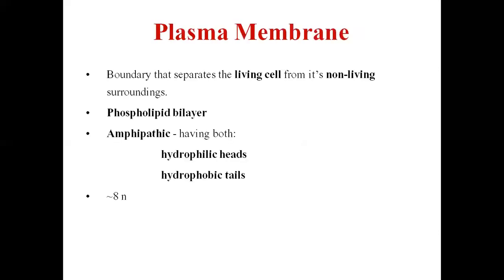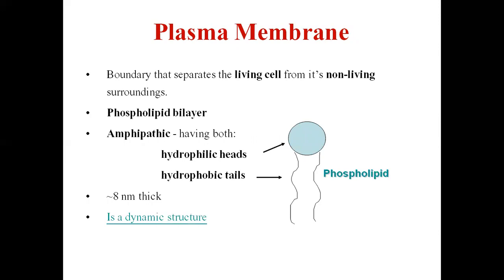The plasma membrane, in basic introduction, is the boundary that separates the living cell from its non-living surroundings. It is composed of a phospholipid bilayer, which is amphipathic, having hydrophilic heads and hydrophobic tails.